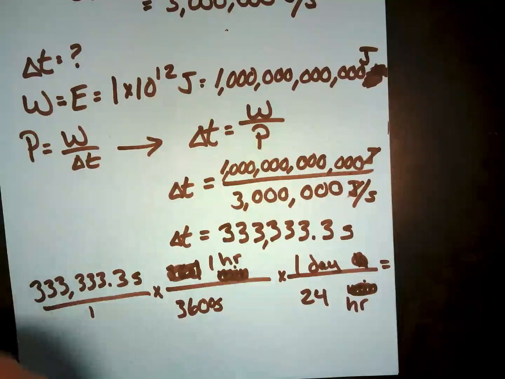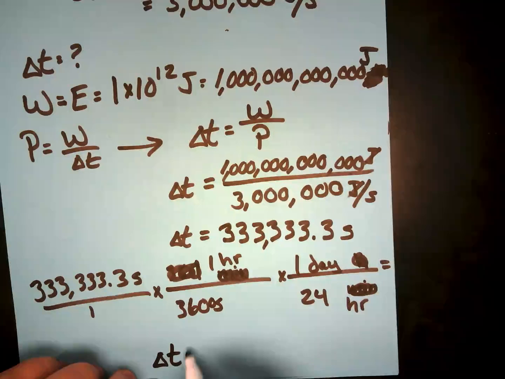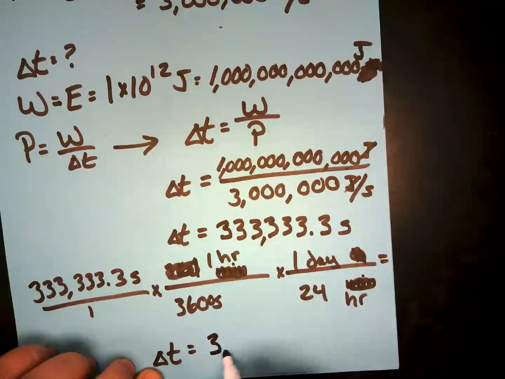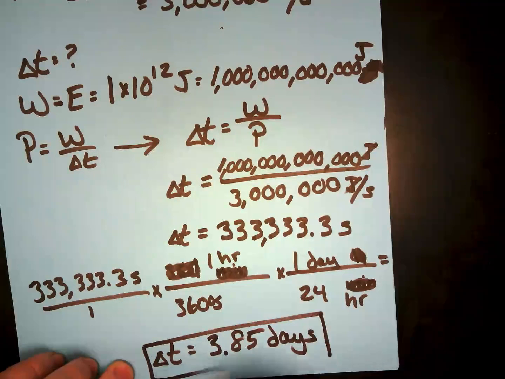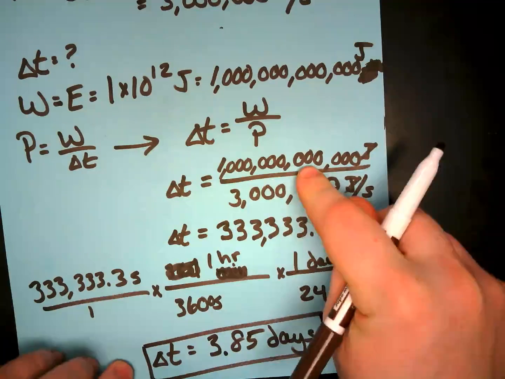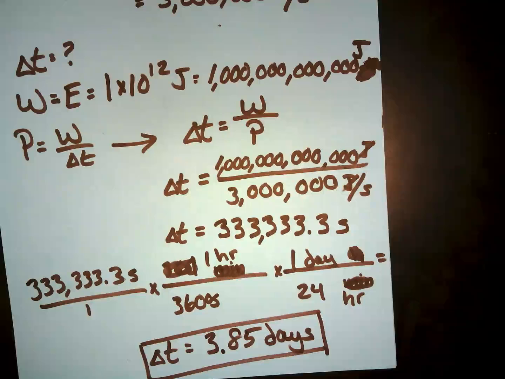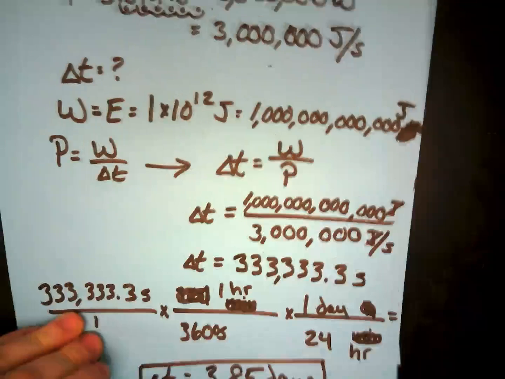And we'll see here that it takes 333,333.3 seconds, or 3.85 days, in order to produce this amount of energy, that amount of work at this rate. Okay, easy peasy. So 3.85 or 3.9 days for our answer there.